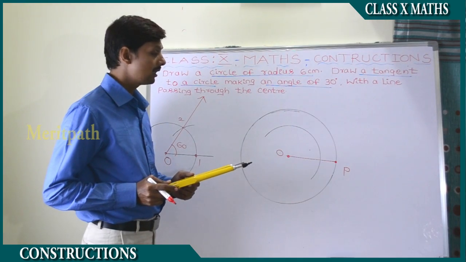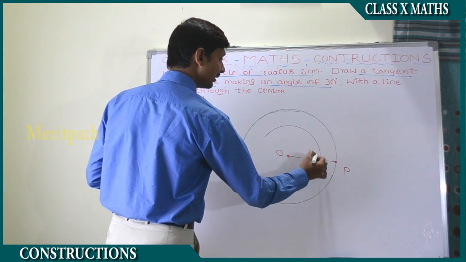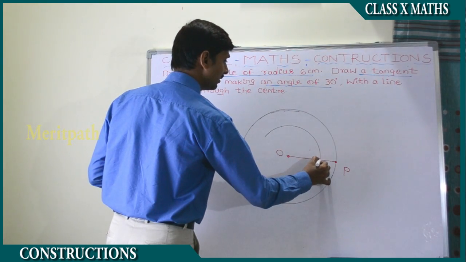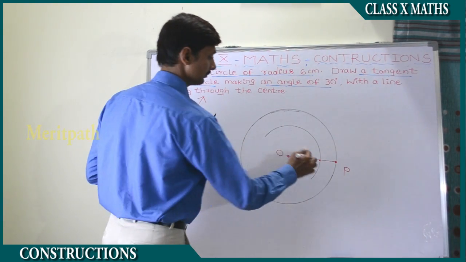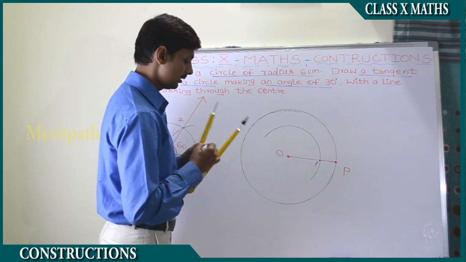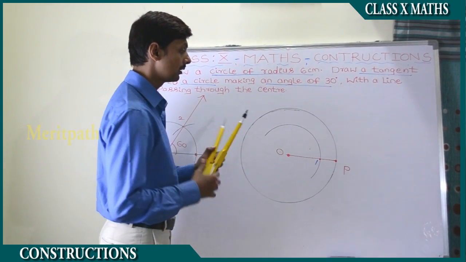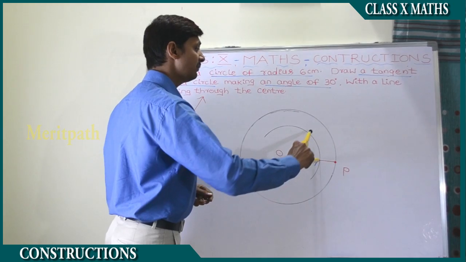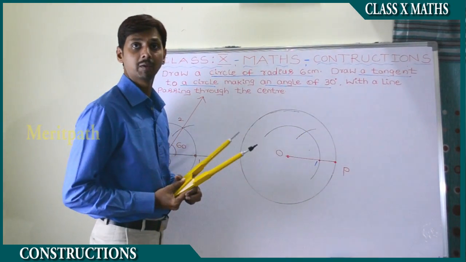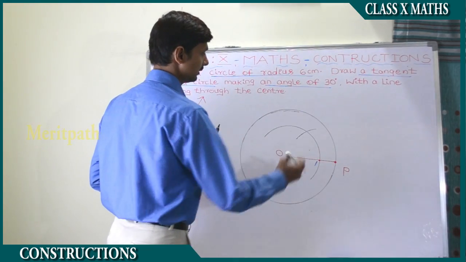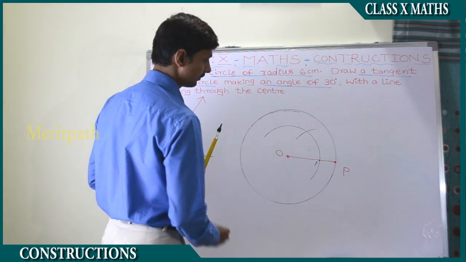Where the arc intersects the line segment, let's take that point as 1. Then, using point 1, use the same radius and intersect the previous arc. We get a point there, take that point as 2.